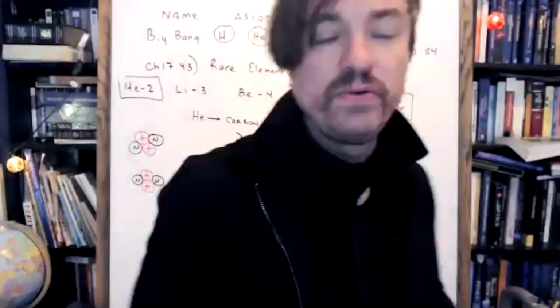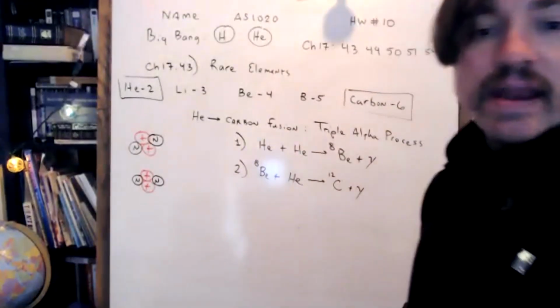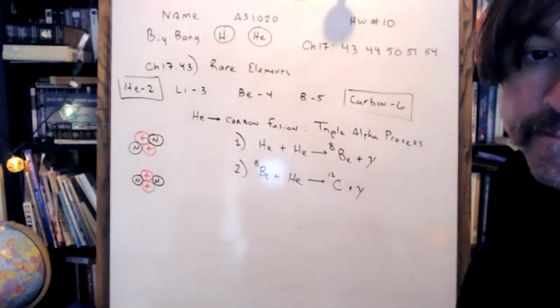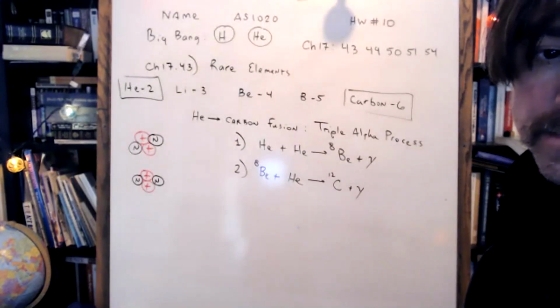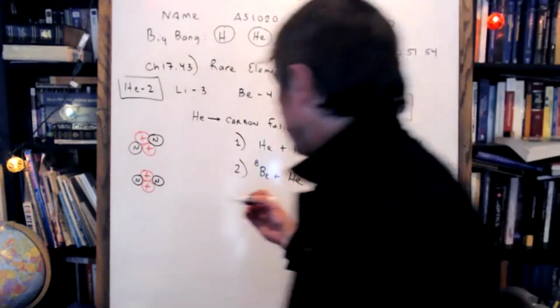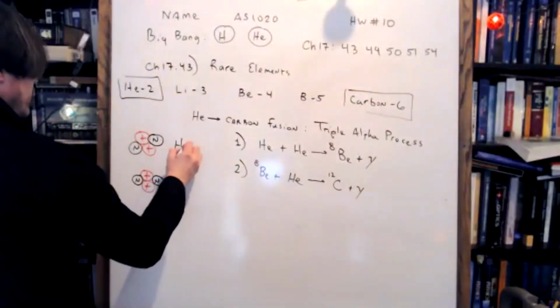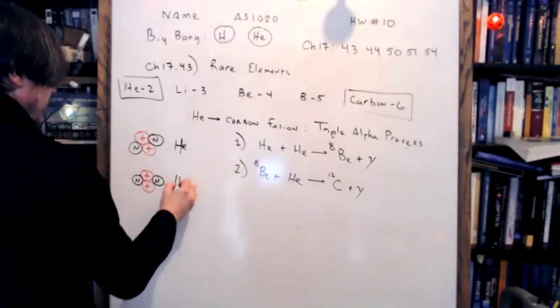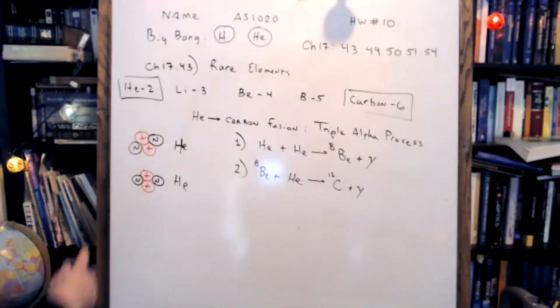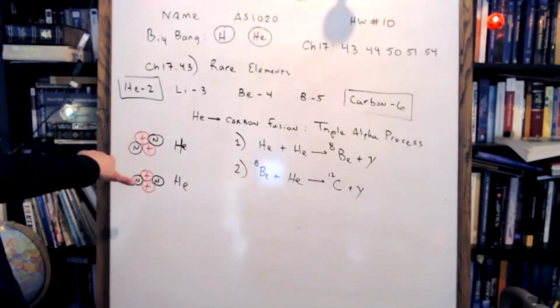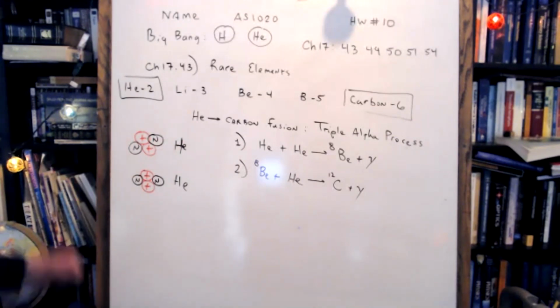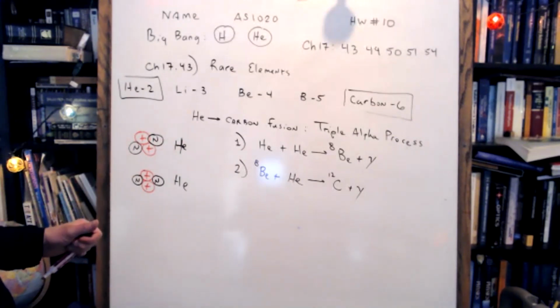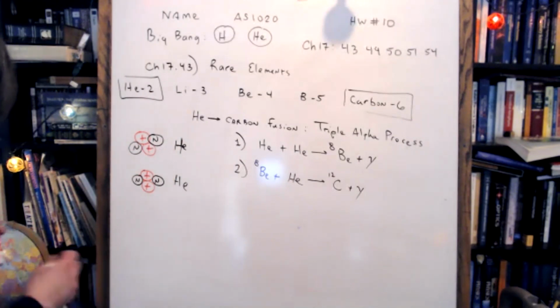If I smush those two things together, what am I going to get? If I smush these two nuclei together, what will result? A new nucleus. Yes. And what will that new nucleus have?